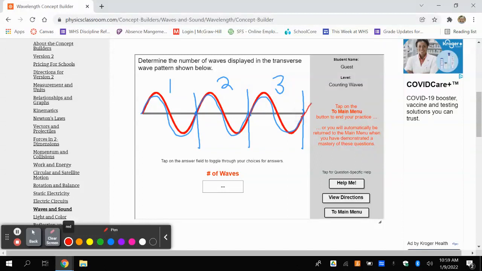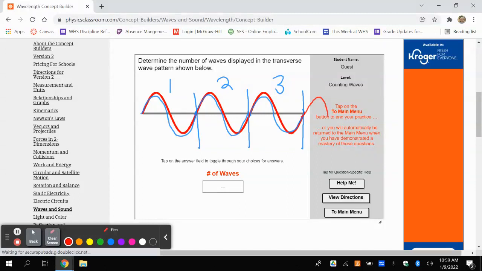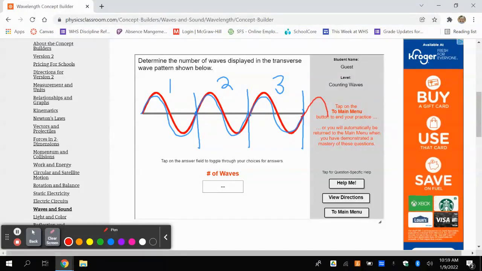If our wave continued on and only had an up, a crest, that would mean that this would be 3.5 waves. So half of a wave is only a crest or a trough, okay? In order to be a full wave, it has to have a crest and a trough on it. But if it has a half of a wave, it's either going to have one crest or one trough left behind after you've counted all the full waves, okay?